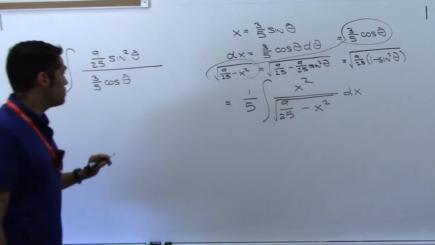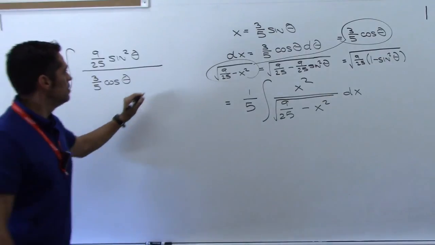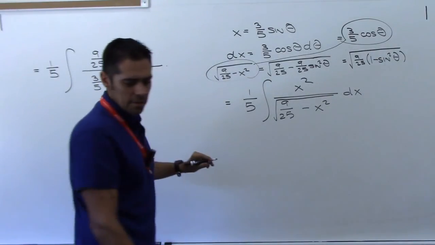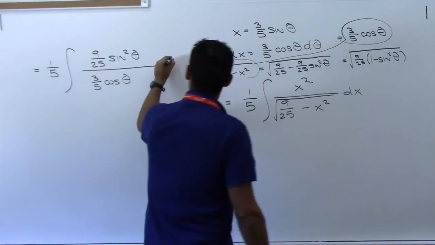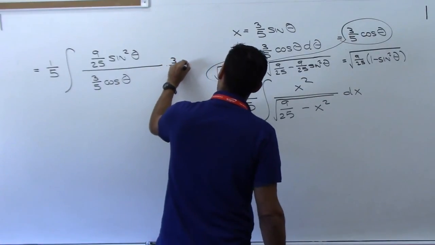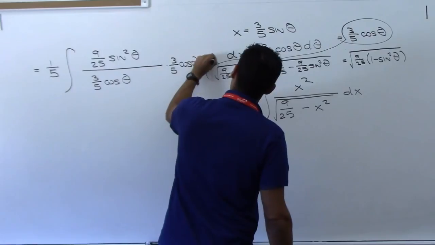But then the dx part turns into, hey, is that right? Yeah. 3/5 cosine theta d theta. Right, this right here.